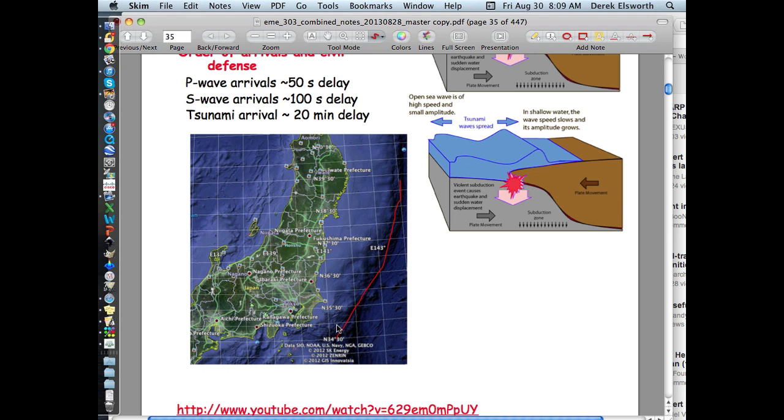As the plate goes down relative to this plate, it is subducting, driven by the convection forces in the mantle, which is a fluid mechanics problem. But the plates are converging. The only way they can get past each other is for one to dive down next to the other. And in diving down, it pulls down this other plate, which is the plate which Japan sits on, where my watch is. And then all of a sudden, when this releases, this pops up.